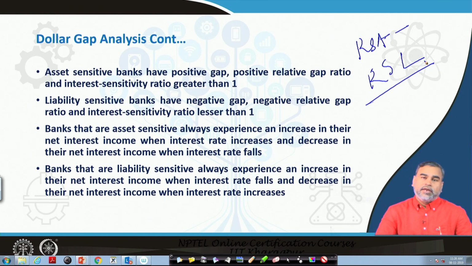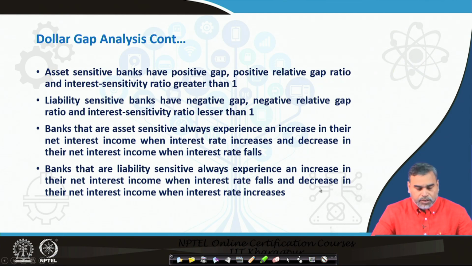The reason is that they have more liabilities, so if the interest rate is increasing, the income they generate will be lesser than the cost they incur through interest payments towards the deposits and other types of liabilities the commercial bank has. These are the implications we can draw when we use the dollar gap with respect to the net interest income of the bank.